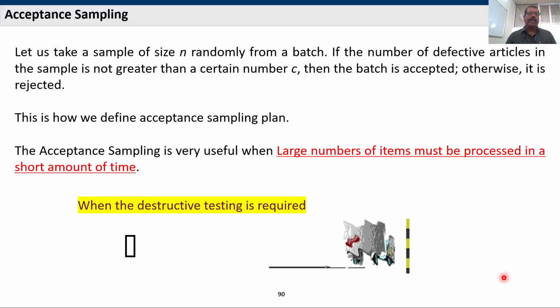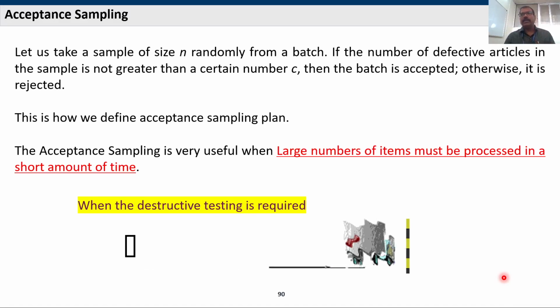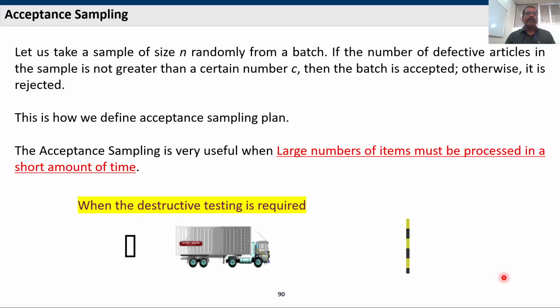So what they do is randomly take one and do destructive testing on it. That is just an automobile example. Other components also, they won't test each and every component with destructive testing. For example, if they want to test compressive strength of each and every product, they won't check it. Okay. So when this kind of situation arises, you have to go with the acceptance sampling.